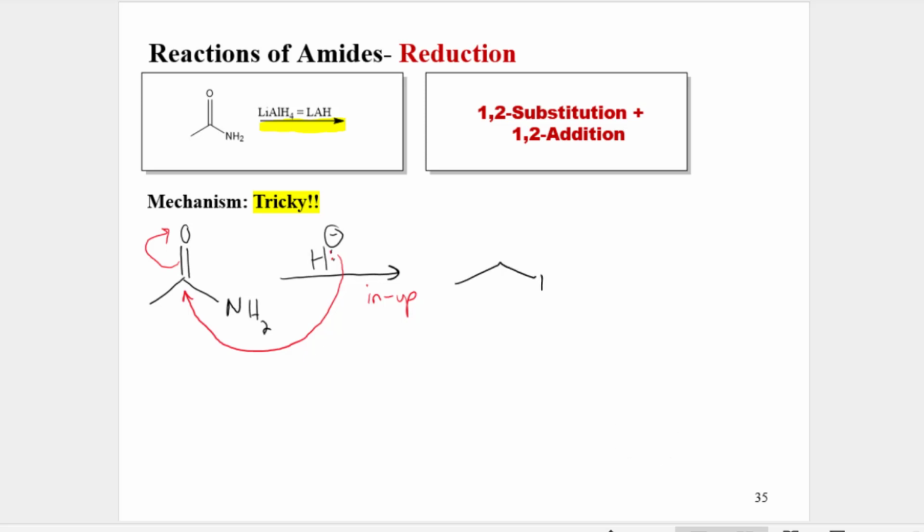Why is this tricky? The reason this is tricky is because this is not an equilibrium reaction. Remember how I said the oxygen is attracted to the aluminum?